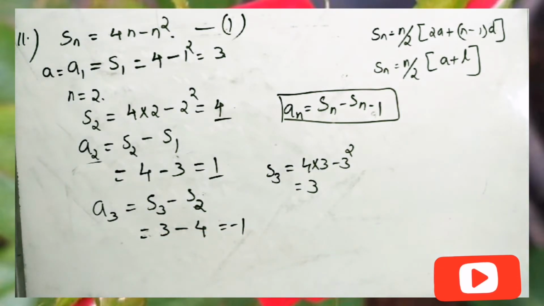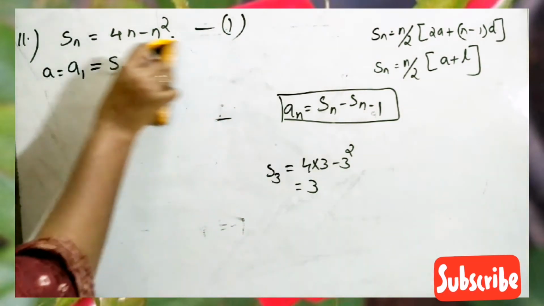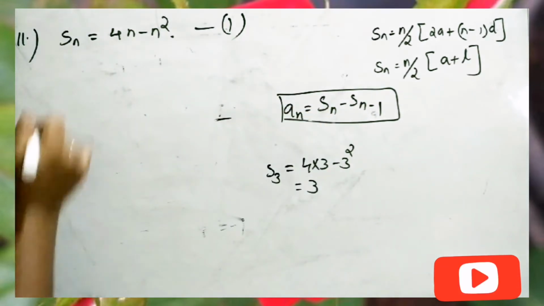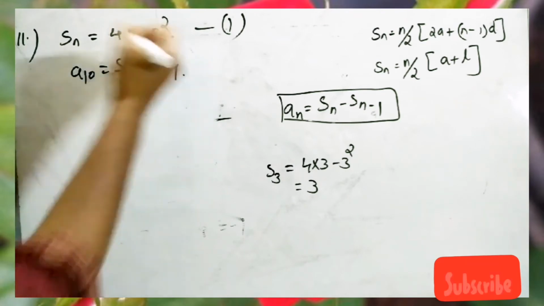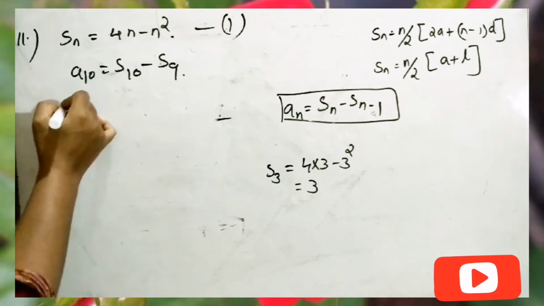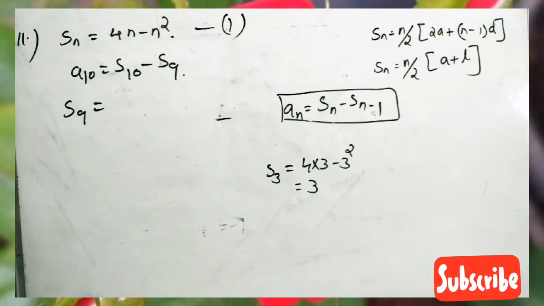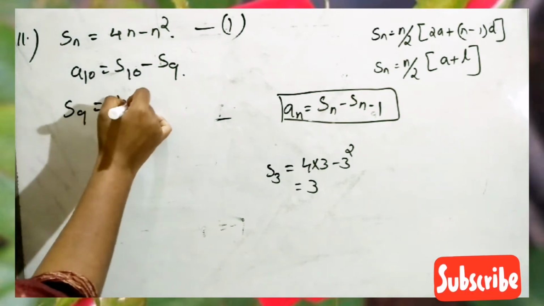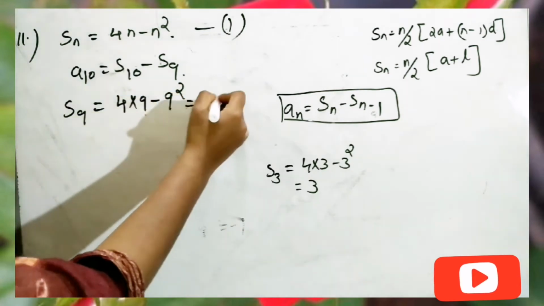Now we need to find the 10th term. By using this relation, A10 is equal to S10 minus S9. So we need to find S10 and S9. S9: in equation number 1, just put n equal to 9. That is 4 into 9 minus 9 square, which is equal to minus 45.